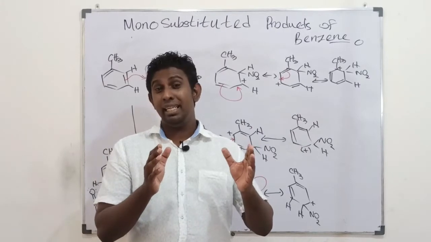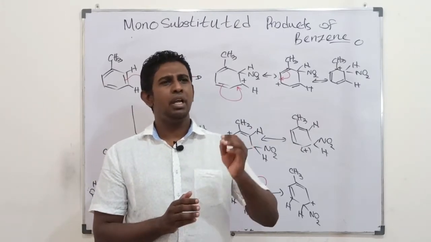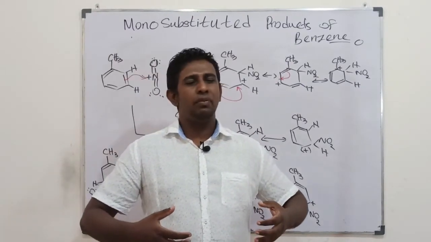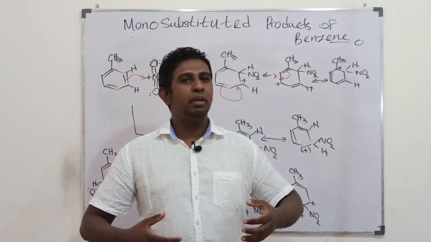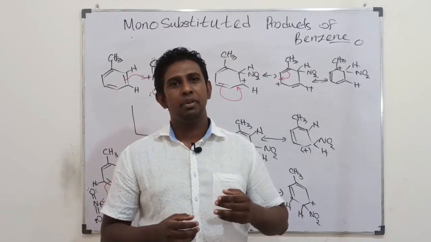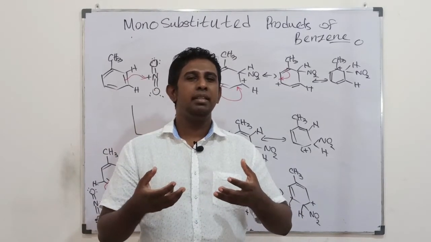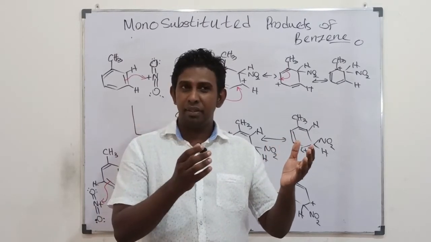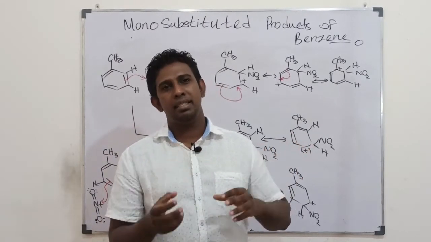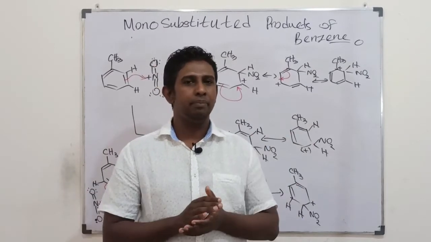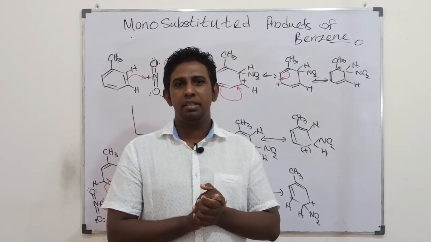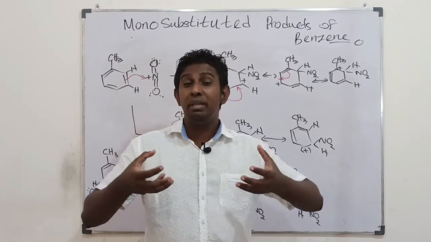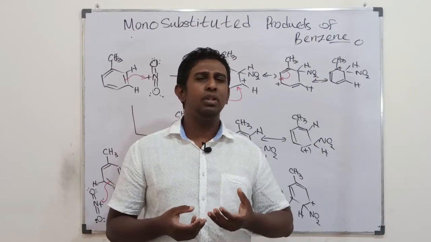During the electrophilic substitution reaction, there are 3 steps followed: formation of the electrophile, then the attack of the formed electrophile on the benzene ring, then re-aromatization, the reformation of the benzene ring. Out of those 3 steps, I am here using the second step, the formed electrophile's attack on the benzene ring.